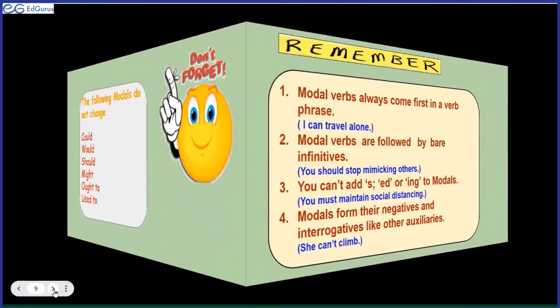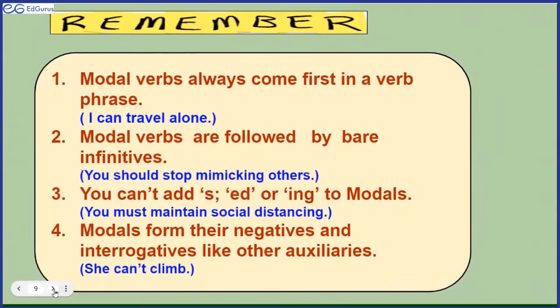Now, here is something very important to remember about modals. Modal verbs always come first in a verb phrase. I can travel alone. See the example. If I just delete can, right? The sentence is I travel alone.